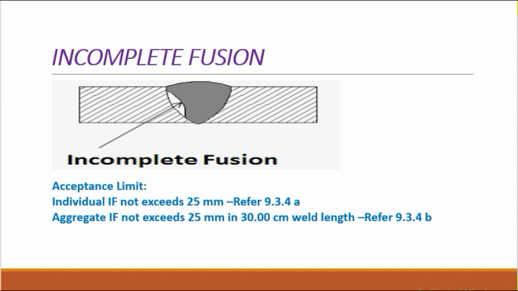If incomplete fusion is in the groove area, individually it should not exceed 25 mm, and in aggregate it should not exceed 25 mm in 300 mm of length. If it exceeds more than 25 mm in 300 mm of length, then it will be rejected. So this is the acceptance limit for incomplete fusion.